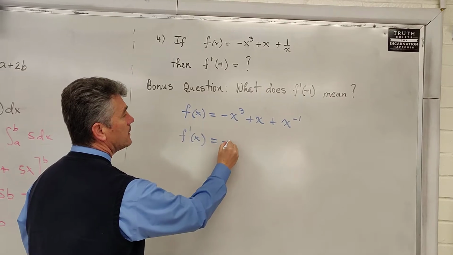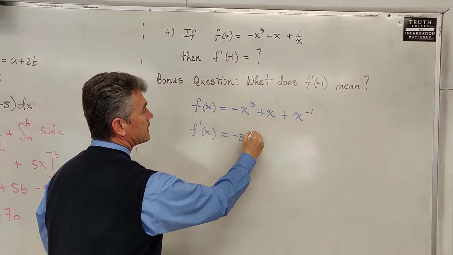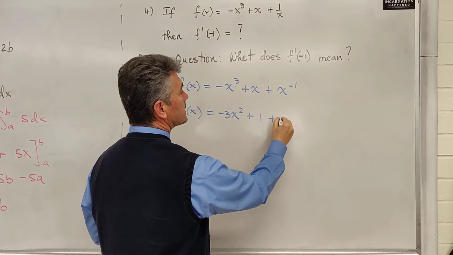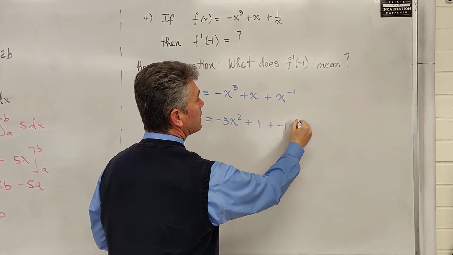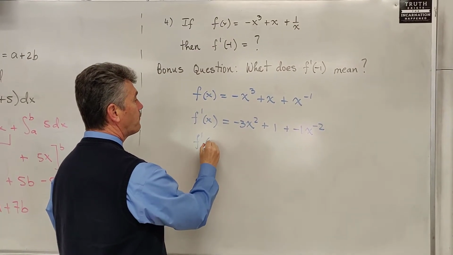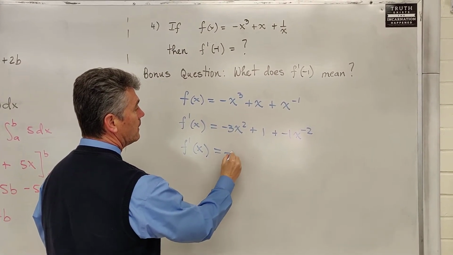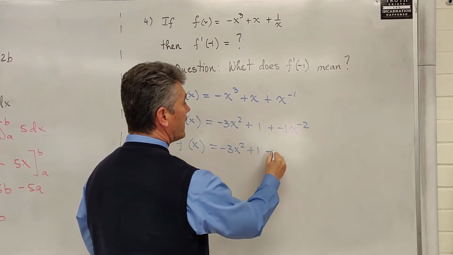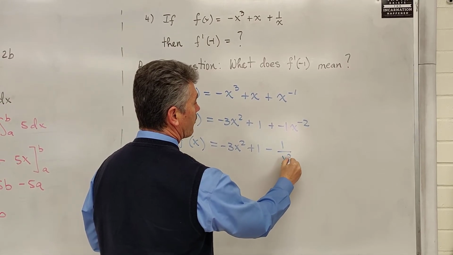This is negative 3x squared plus 1 plus negative 1x to the negative 2. So we have f prime of x is equal to negative 3x squared plus 1 minus 1 over x squared.